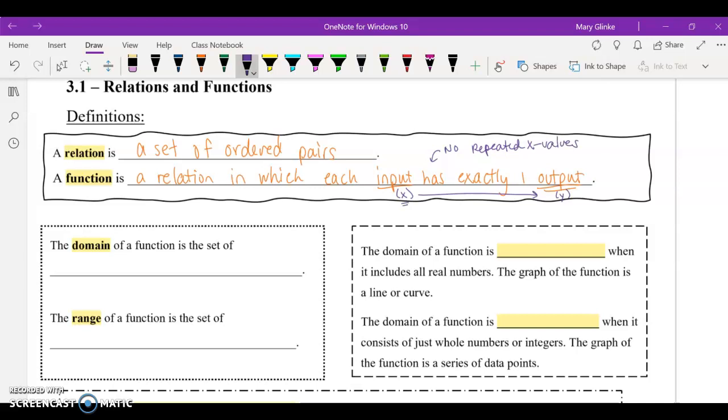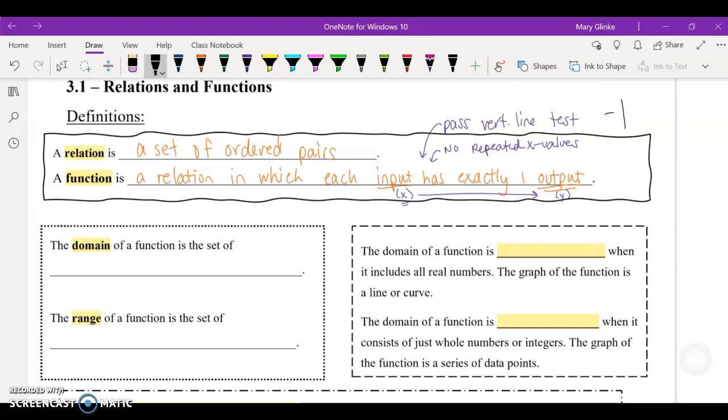So if you ever have a table where there's two x values with different y values, that is not going to be a function. You're supposed to be able to plug one thing in and get exactly one thing out. Visually, if you have a graph, the way that looks is it has to pass the vertical line test.